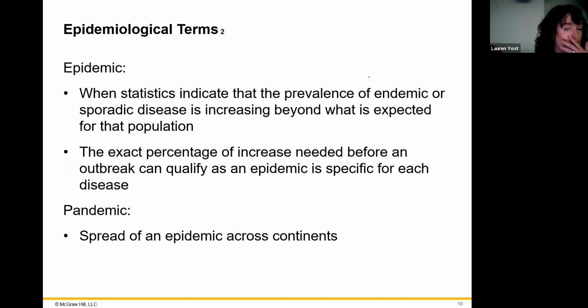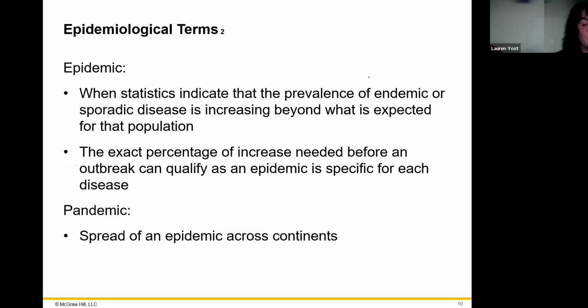So an epidemic occurs anytime you are outside of what we are considering to be endemic or sporadic. So more cases than what you would consider sporadic, or way more incidents going on with the endemic diseases. So way more people getting sick than what you're used to.